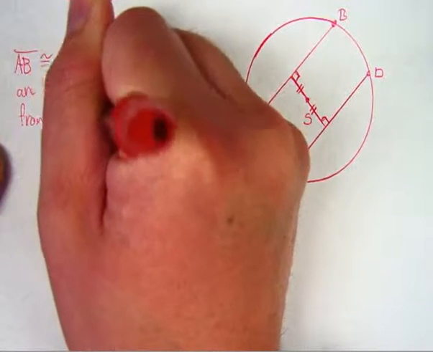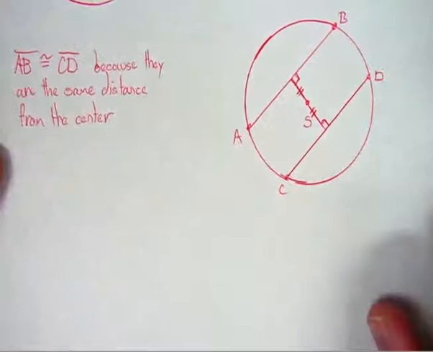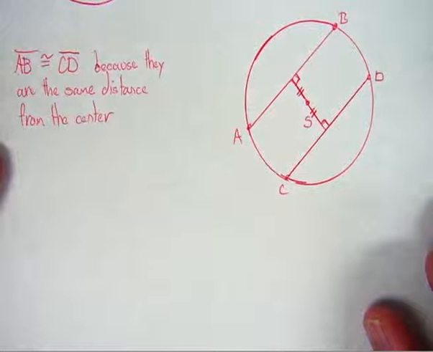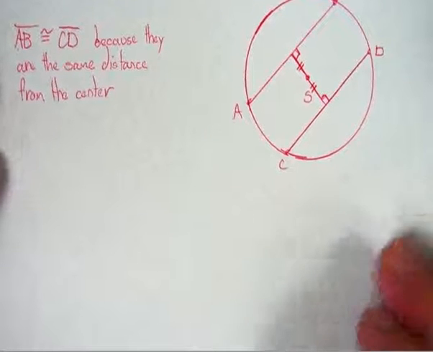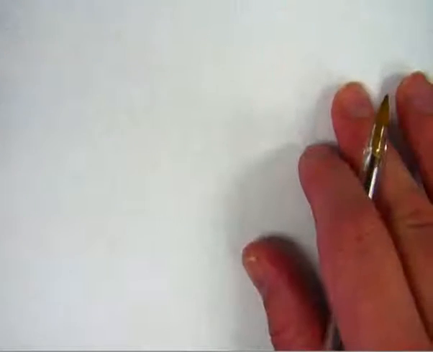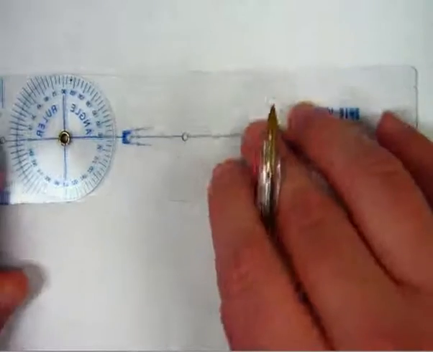And again, this is true anytime you see this. If you have two chords that are the same distance from the center of the circle, those chords must be congruent.